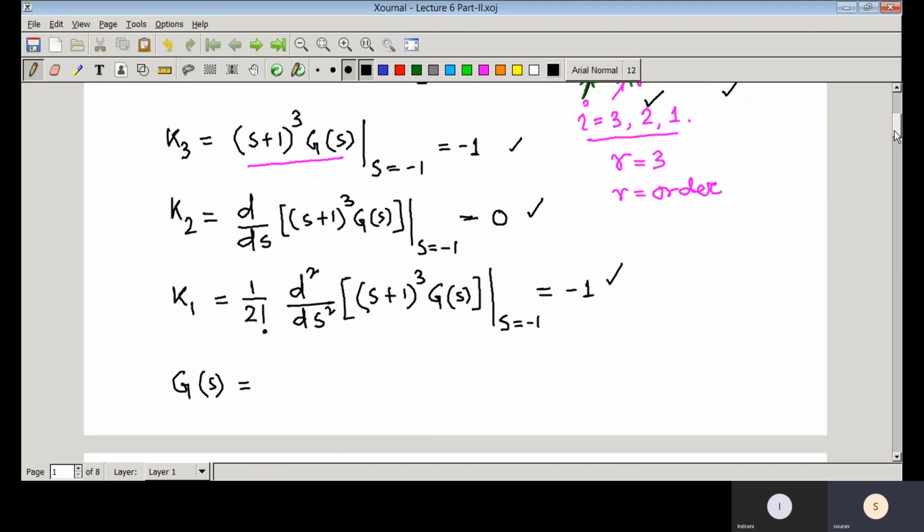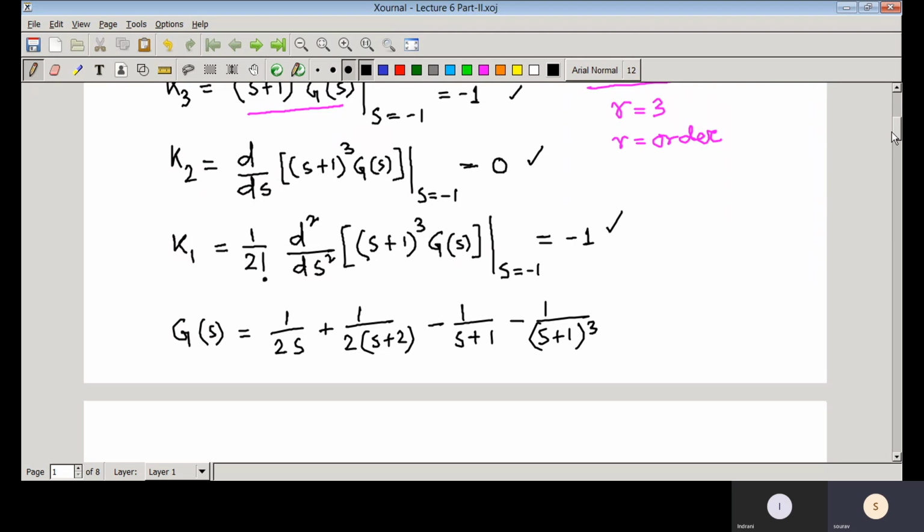So let us write 1 by 2s, then 1 by 2 into s plus 2, and then minus 1 by s plus 1, just replacing the coefficients, and minus 1 by s plus 1 whole cube.